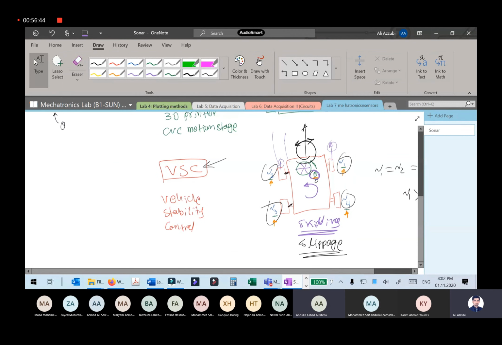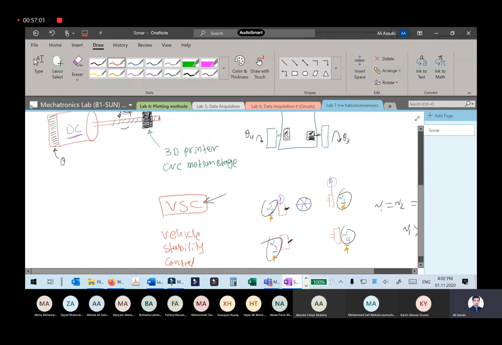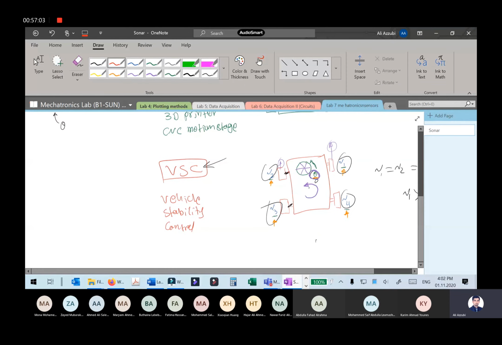Okay, imagine this scenario. Let me show you an example. Let's bring it back like this. Imagine you applied some braking action, and here on the floor on this side you have some oil or some ice or some water, but here you have dry ground.